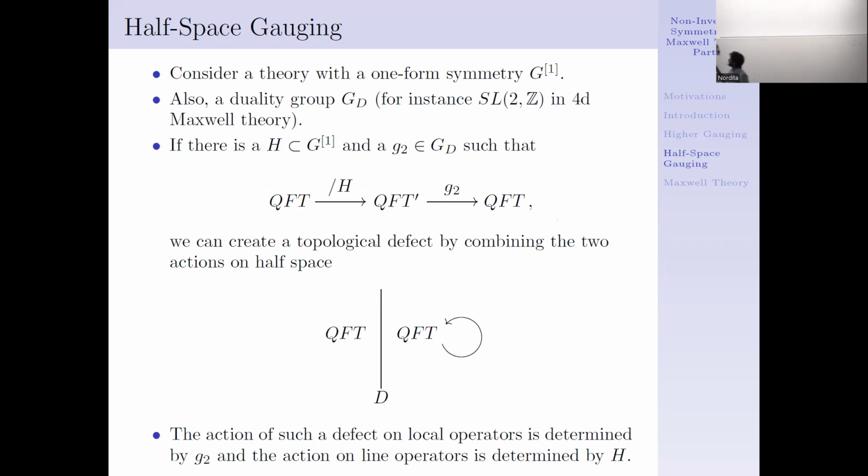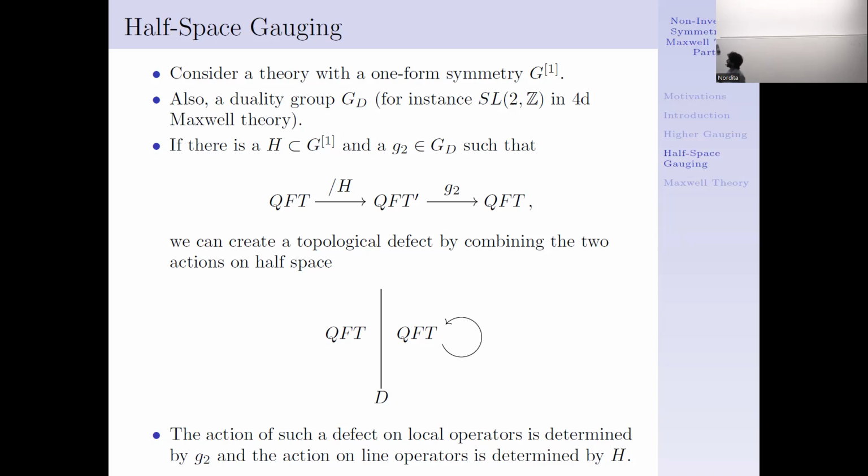And we make the following observation: if there is a subgroup H of the one-form symmetry and the duality element g2, such that if we start with our initial theory, we gauge the subgroup H to get some QFT prime, which is dual back to the original theory, then we can construct a topological defect in the following way.